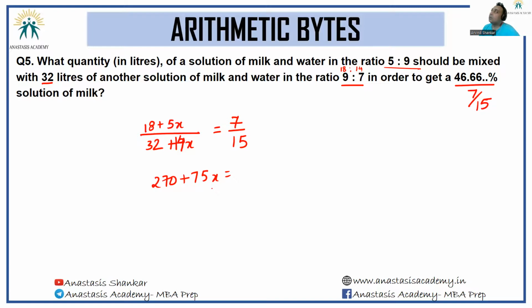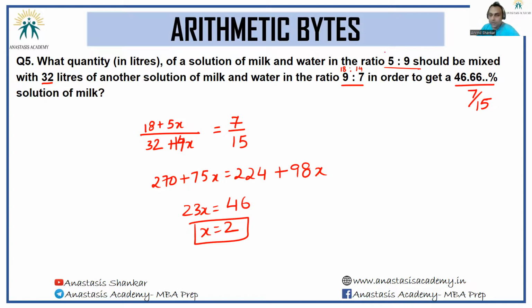So 224. Yeah, 16 into 14. 224 plus 98x, or 23x is equal to 46, x is equal to 2, which means we had 10 liters of milk and 18 liters of water. So what is the quantity in liters of the solution? The quantity of the solution would be 28.